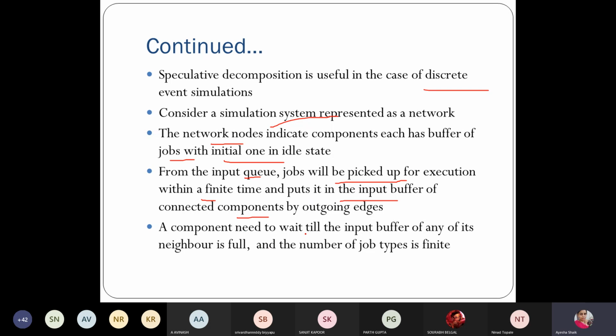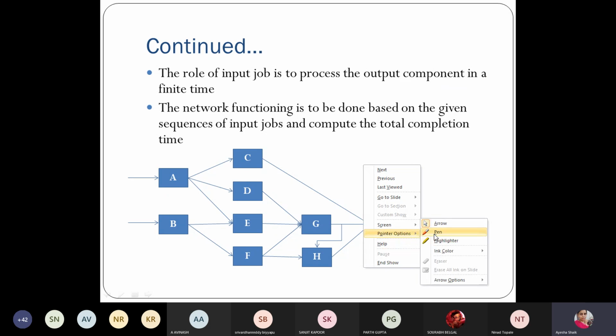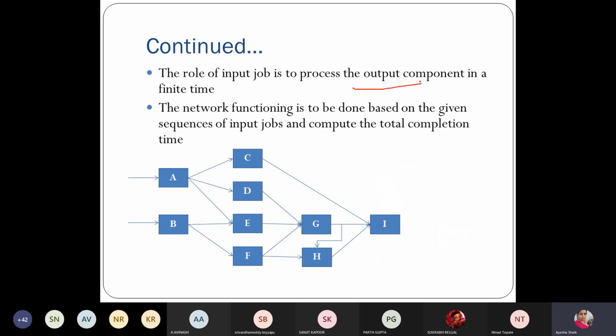A component has to wait till the input buffer of any of its neighbors is full, and the number of job types is finite. The role of an input job is to be processed by the component in a finite time. The network functioning needs to be done based on the given sequence of input jobs, and we have to compute the total completion. Here you can see this is the input job, and this is how we can represent all the jobs with the network.